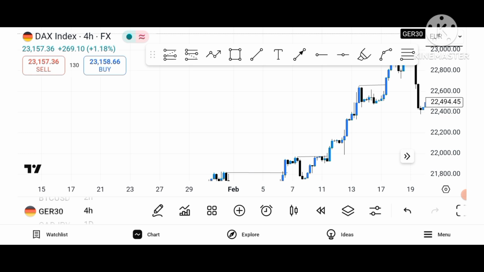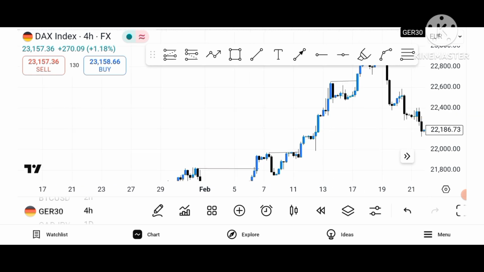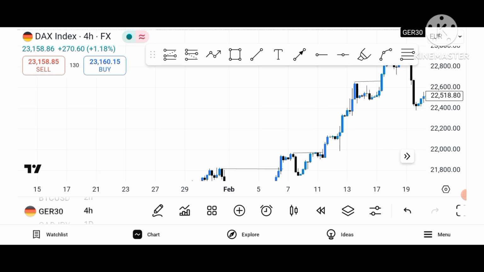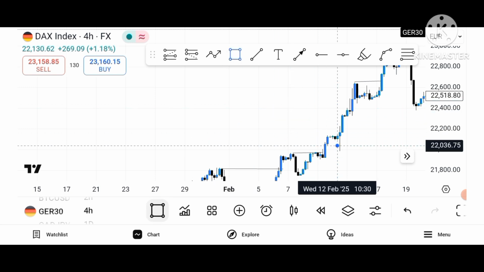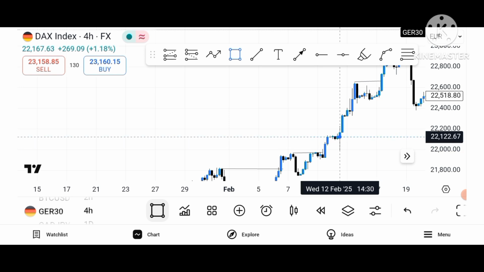And then I looked for an order block. I'll explain the parts of my strategy in another video. Today I'm going to show you how I was able to spot it. I looked for my order block, and then I found this long wick right here forming an order block.